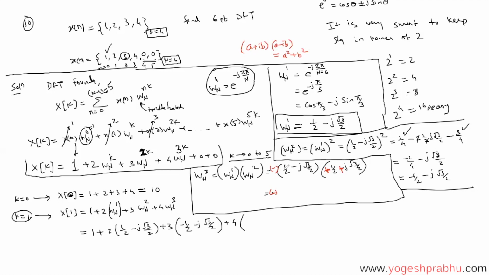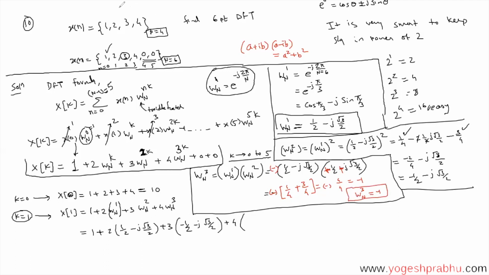And our a is half, and b is square root of 3 by 2. So a square is going to be 1/4 plus square of this is going to be 3 by 4. So this is 4 over 4, negative 4 over 4. That's just -1. So the answer of Wn to the 3 is -1.